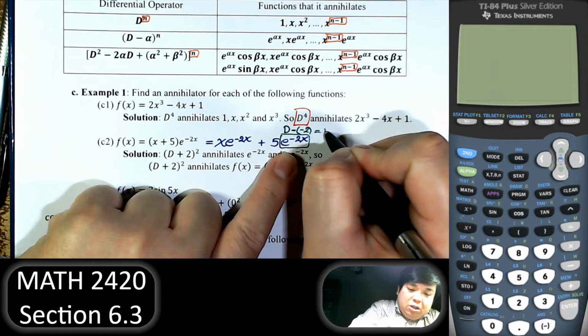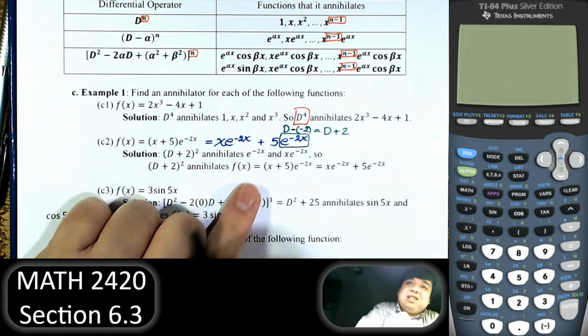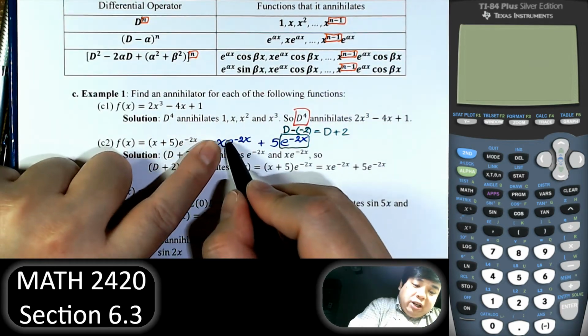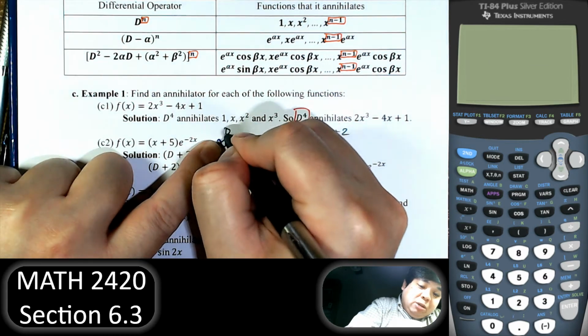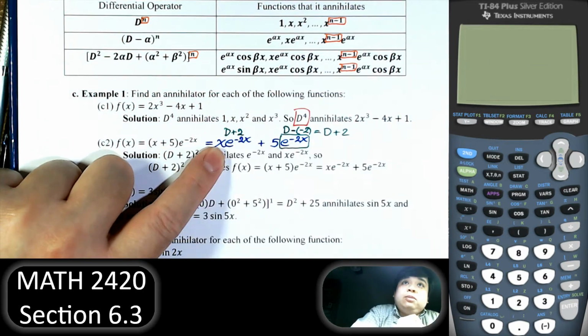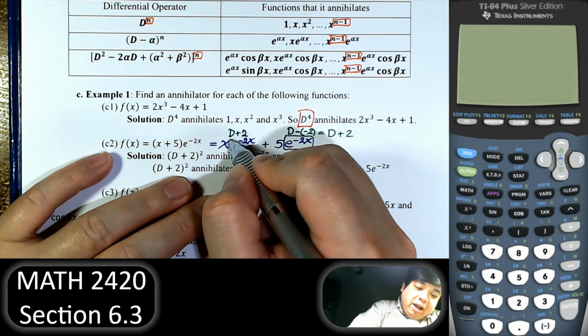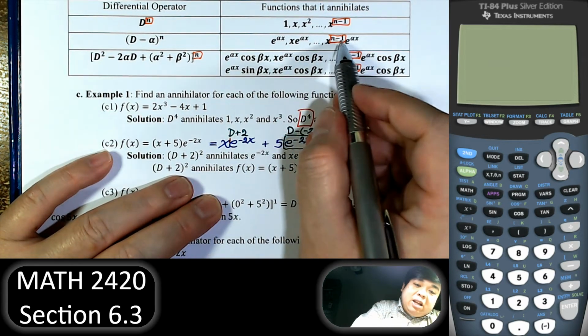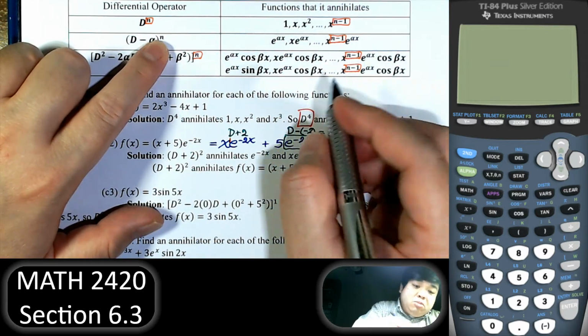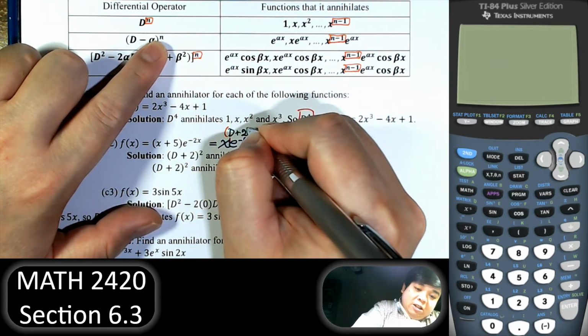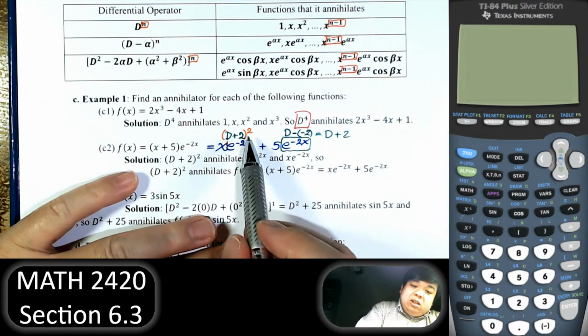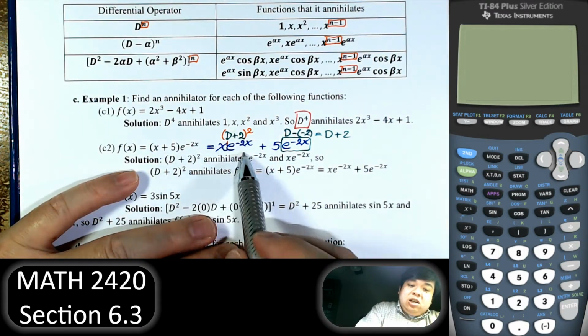So that's d plus 2. So we're going to need d plus 2 for that. We still have e to the negative 2x here, so we still need d plus 2. However, on this one, we have x to the first power. And if there's x to the first power, the annihilator must be 1 more than that. So this, we annihilate this term.